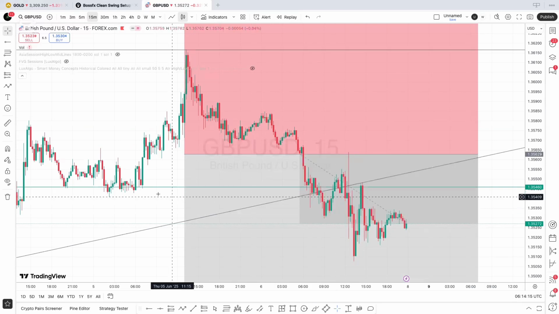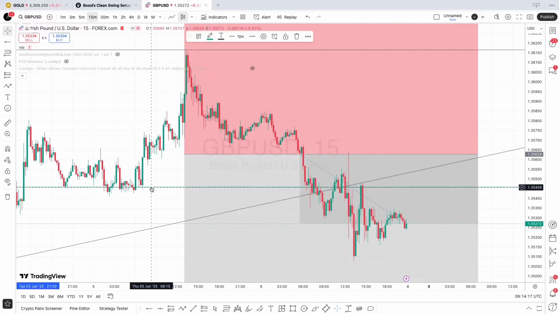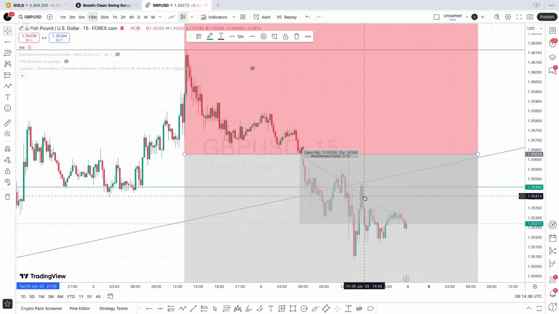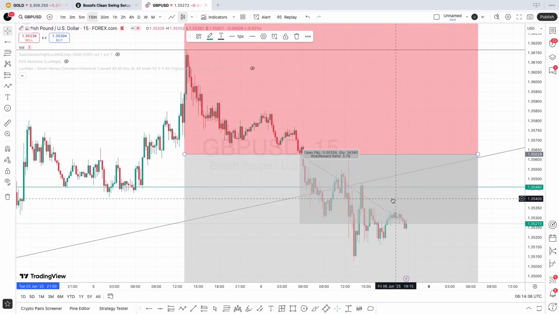Maybe some pullback to this area, they probably end the week and the market will dump. Why? There's liquidity here to clear, and there's imbalance to balance, probably. Certainly, if you go to the lower time frame, you'll see that.